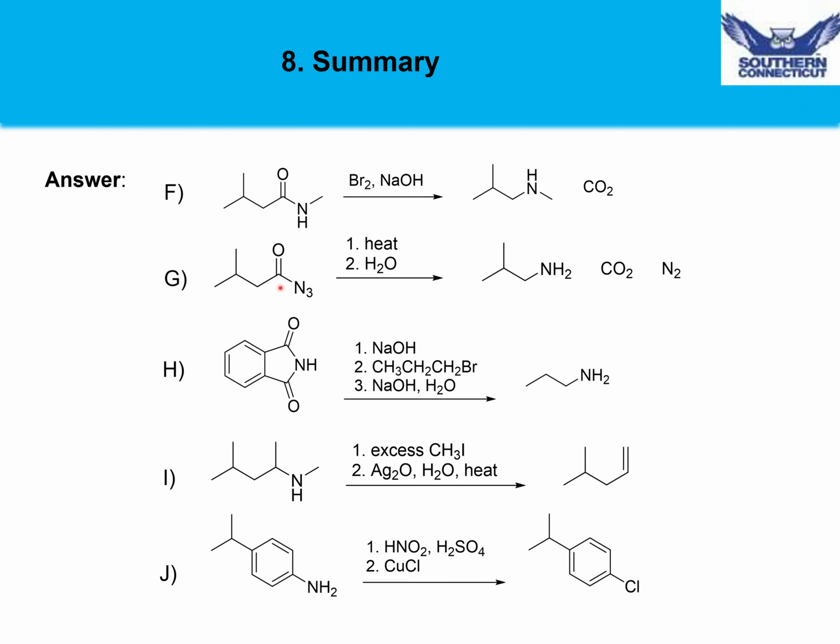Notice in this reaction, similar to the Hofmann rearrangement, the carbonyl will be eliminated as CO2, and the alkyl group on the left of this carbonyl would join with the first nitrogen of the azide to form this amine. We're going to lose the second and third nitrogen from the azide as a nitrogen gas molecule.